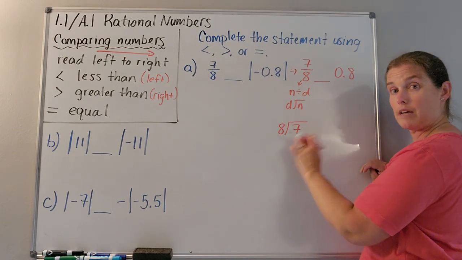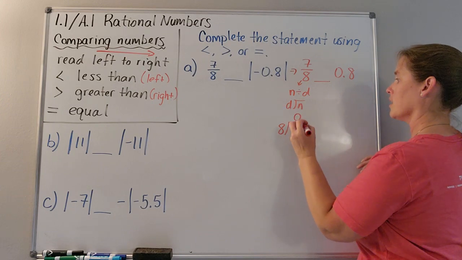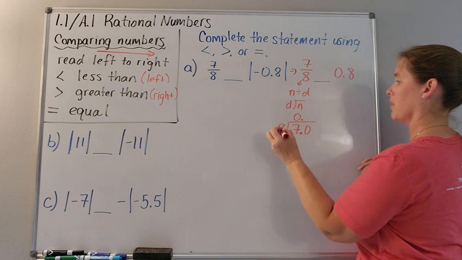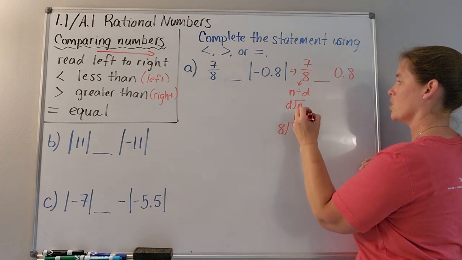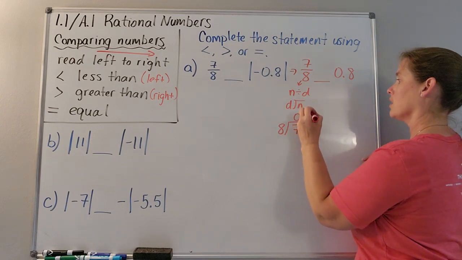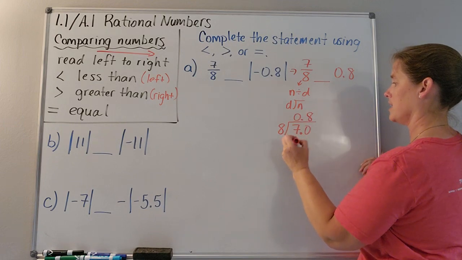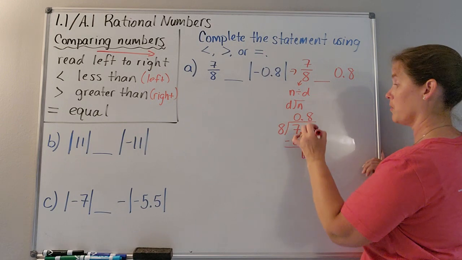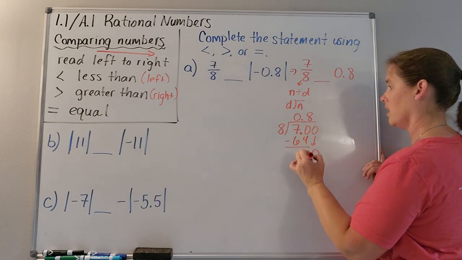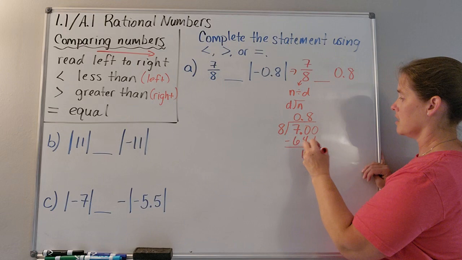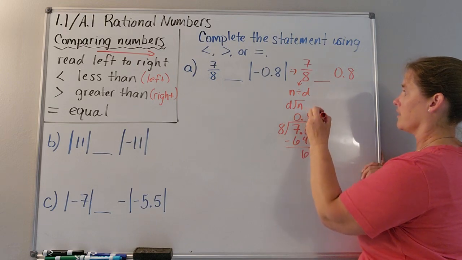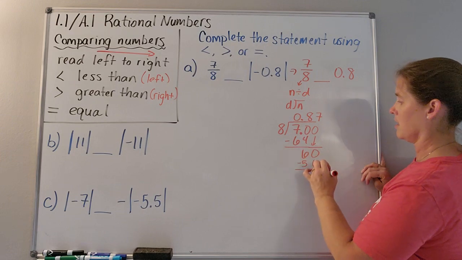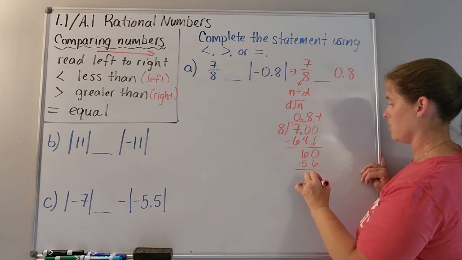How many times does 8 go into 7? It doesn't. So we put a 0, add your decimal point, add a 0, and let's keep going. 8 goes into 70. How many times? Well, that's right, 8 times. 8 times 8 is 64. 70 minus 64 is 6. That's smaller. We add a 0, keep going. 8 goes into 60 7 times. 8 times 7 is 56. 60 minus 56 is 4.